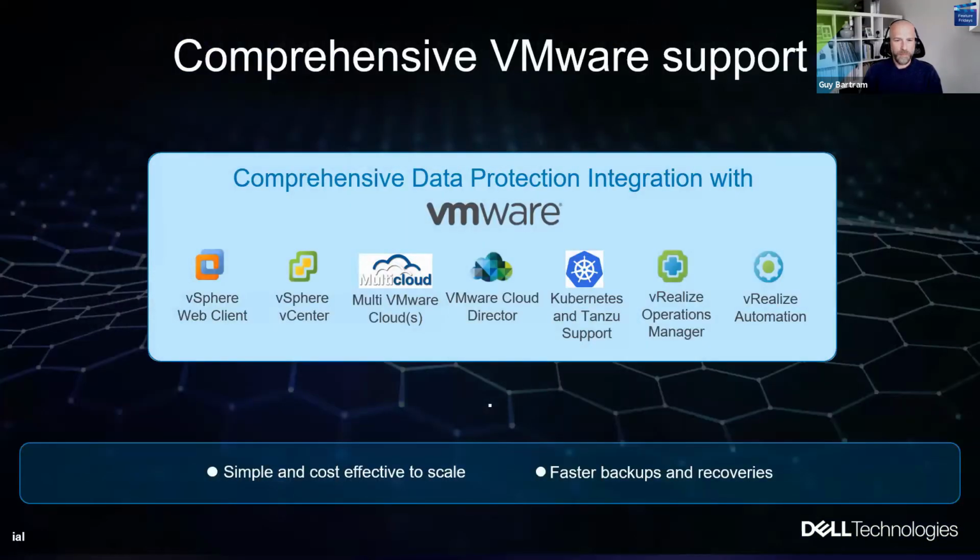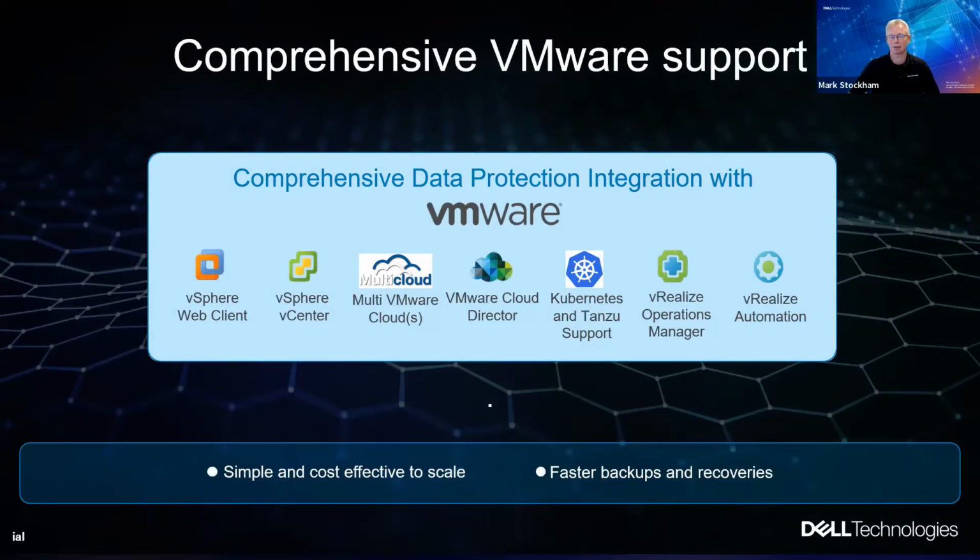And there's a whole load of things that we integrate with from a VMware perspective. We've got the VCF integration side of things. Cloud Director, obviously today. Just a quick point that Kubernetes is huge. A huge new space that we've been working with VMware for some time on protecting those workloads, and the vRealize side of things too. All of them getting the benefit of this better, faster data path, dedupe, etc., etc.